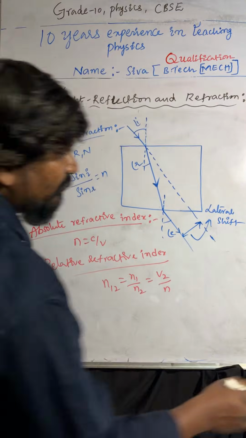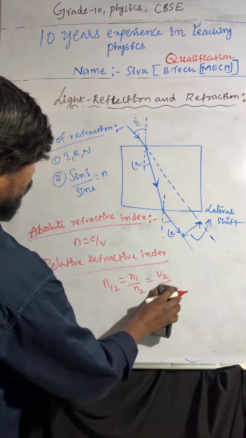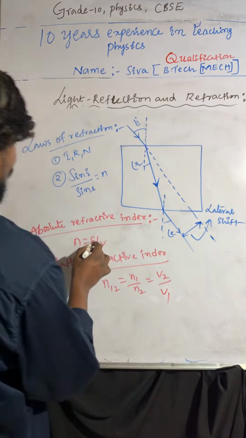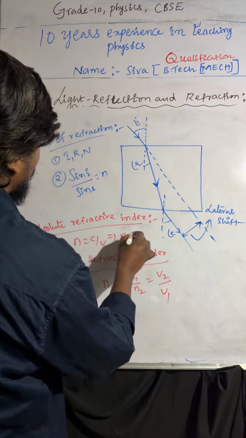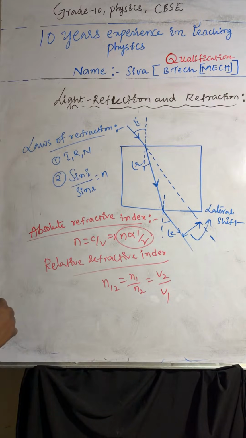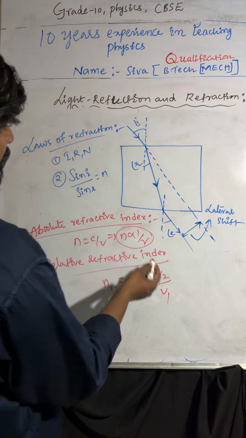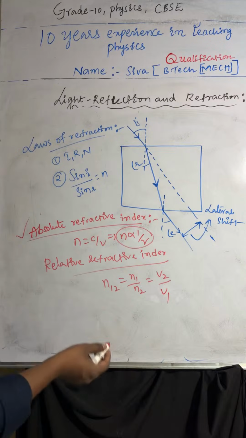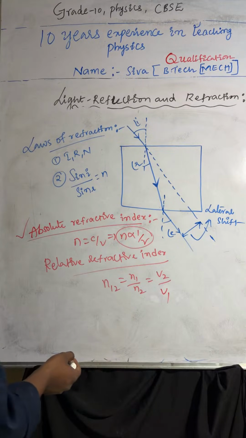Why are we taking v2 by v1? Because n is inversely proportional to velocity. Refractive index is inversely proportional to velocity. That's why this is the absolute refractive index and this one is a relative refractive index.